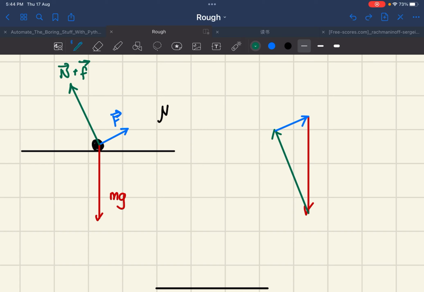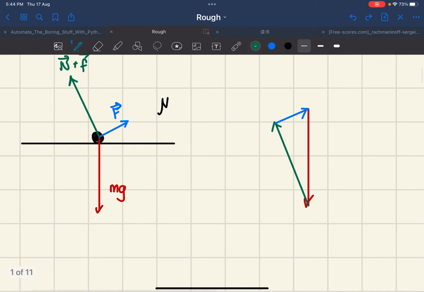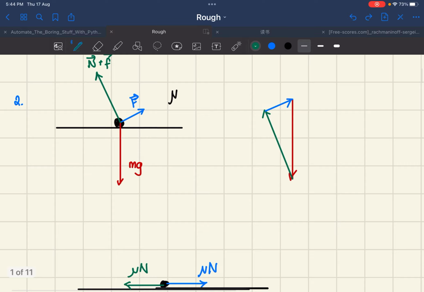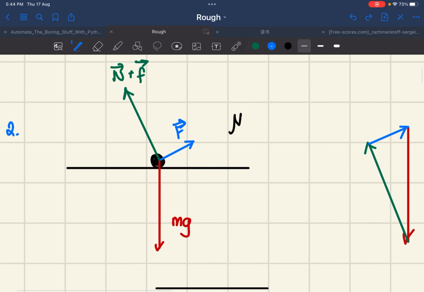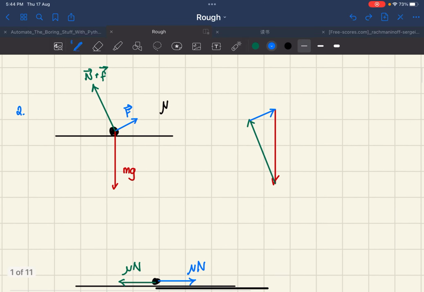We can reduce that, which means that we will reduce the maximum possible friction force that can be provided by the surface. So it will possibly take less pushing force to start moving the box.